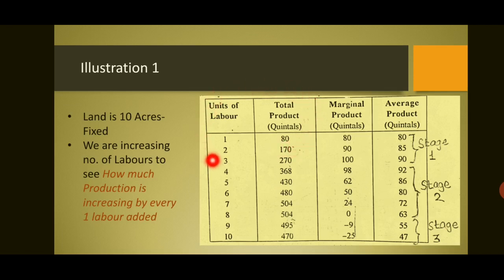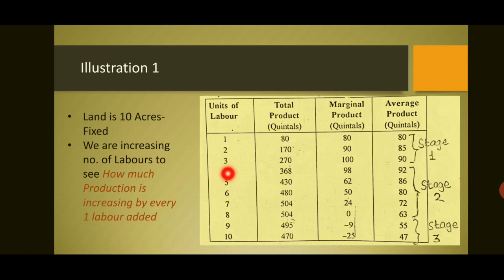Then we are adding one labor to see how much production is increased. We are going to increase one unit of labor. See what happens in production. Marginal product, that is 90 units are increased because we have added one more unit of labor. So our total product is increased by 90 units. Then we have added one more labor to see how much production is increased.